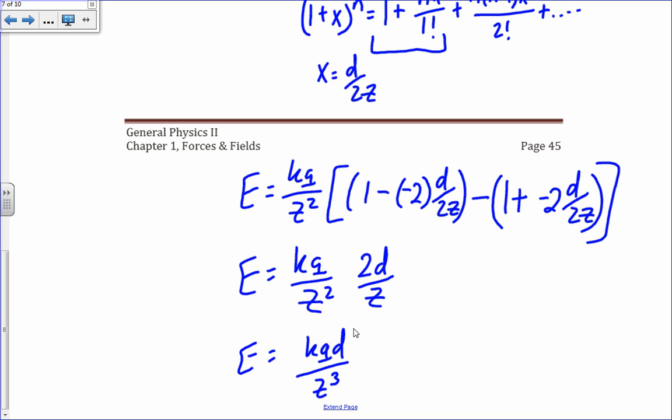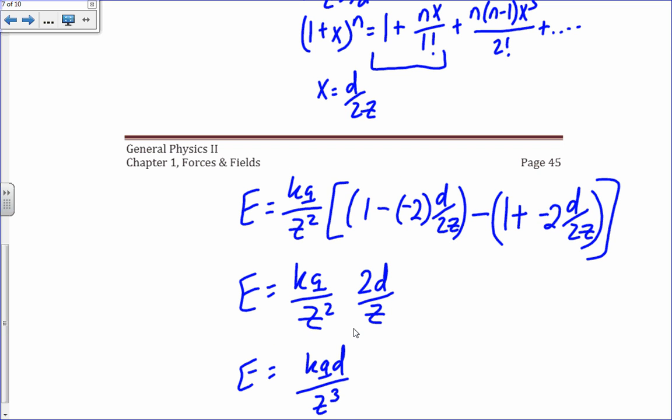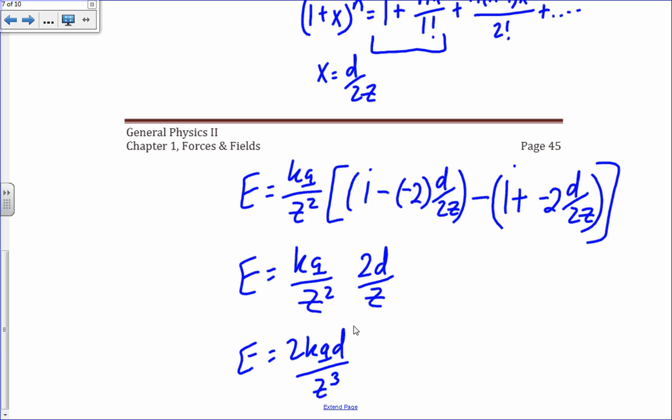Let's see, I think I left a 2 in here somewhere that I shouldn't have. Those 2's cancel out. Yeah, I guess there's a 2 in here. I'll have to come back and check that. I'm not certain that there's supposed to be a 2 there. So I'll come back and check on it. If it's a mistake, I'll come back and fix it.